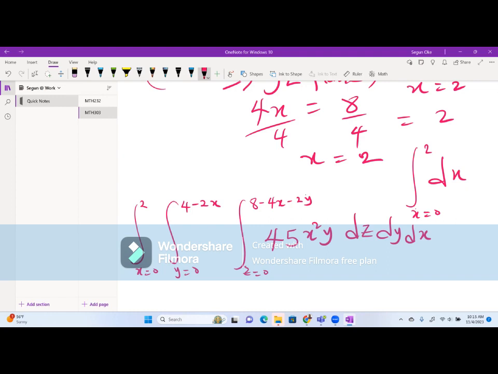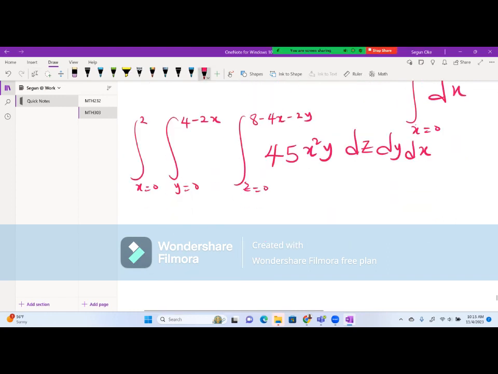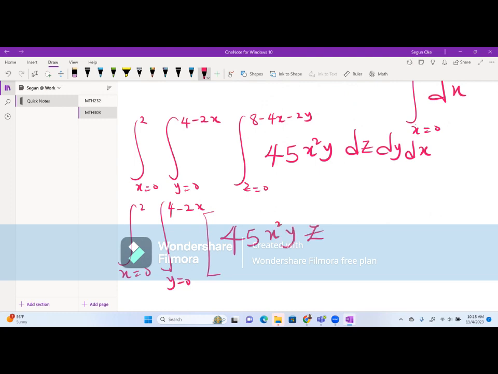So if I integrate the first one, what will I get? I'll have x equals 0 to 2, y equals 0 to 4 minus 2x, so it will be 45x squared y z, with z from 0 to 8 minus 4x minus 2y, dy dx. Remember what we did in the upper one.